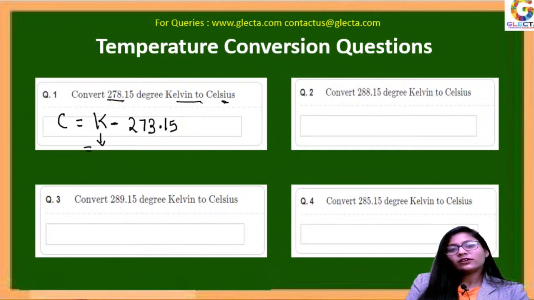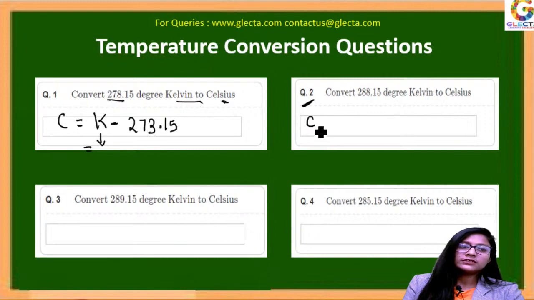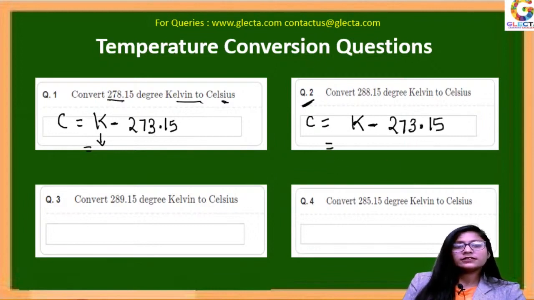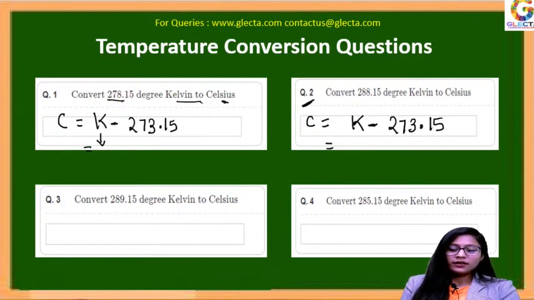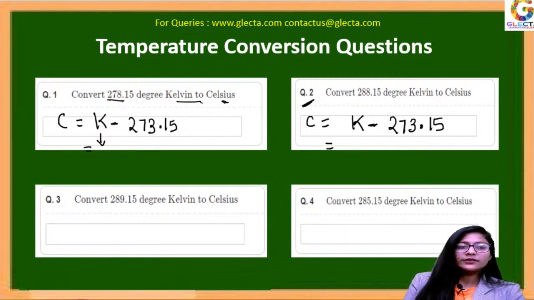Let's try this question also. You have to do the same process for this one also: K minus 273.15 and you will get your answer. The remaining questions you have to cover at home.